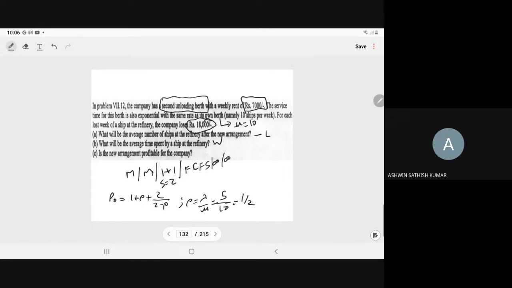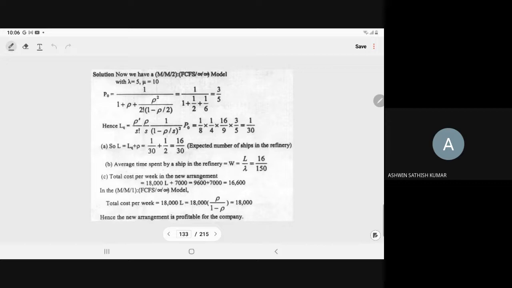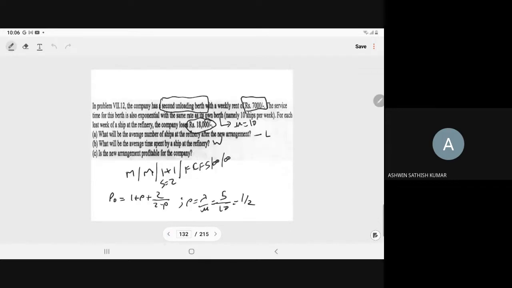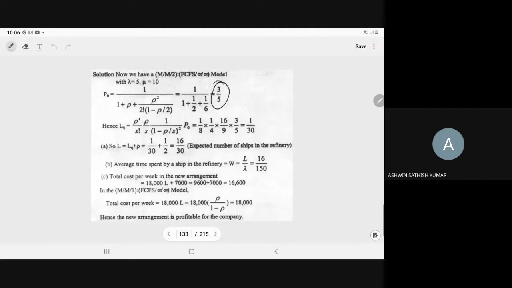So on putting the value of rho, we have P naught, it's rho square, rho square upon 2 minus rho. So it will be 3 upon 5.